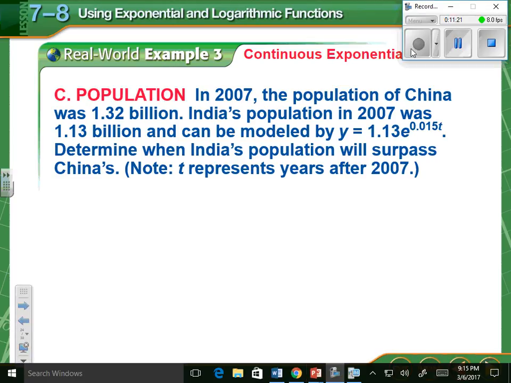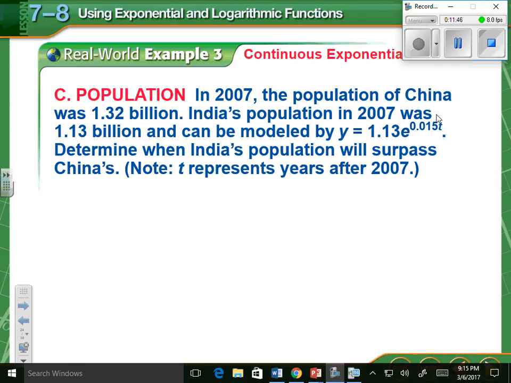India, on the other hand, their population is growing also. In 2007, China had 1.32 billion, and in 2007, India had 1.13 billion. So how long will it take before India's population passes up China's?